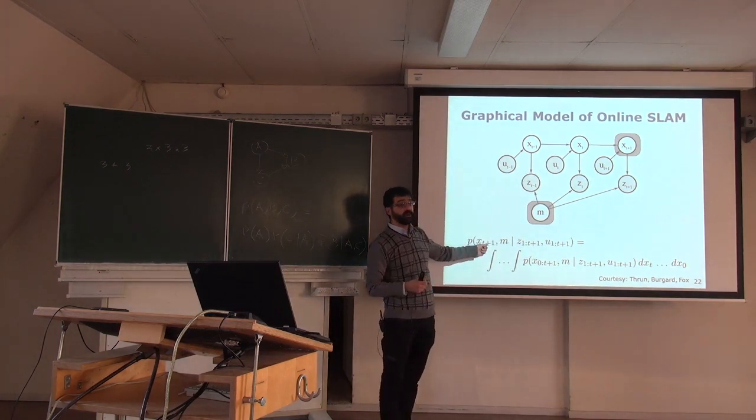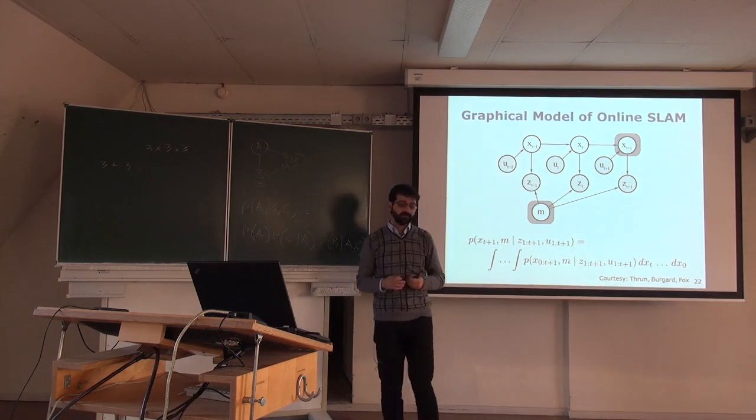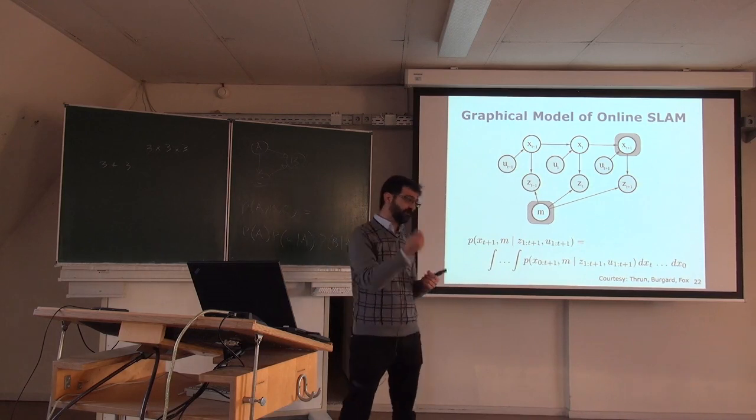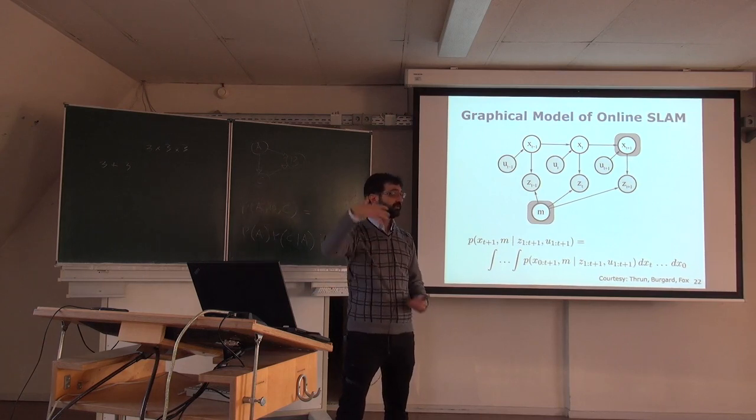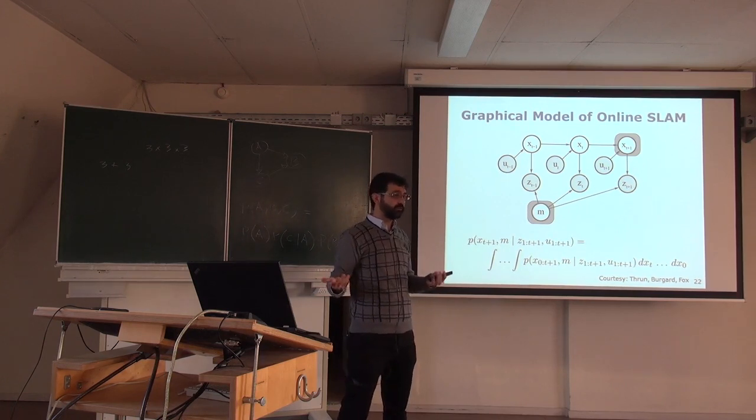You have fewer variables here. If you do online SLAM, it means you only have to remember the pose of the robot right now. If you do the whole path, you need to remember all the poses. So from a memory point of view, if the robot is traveling a lot, your state always increases, and at some point you don't have enough memory for storing it.